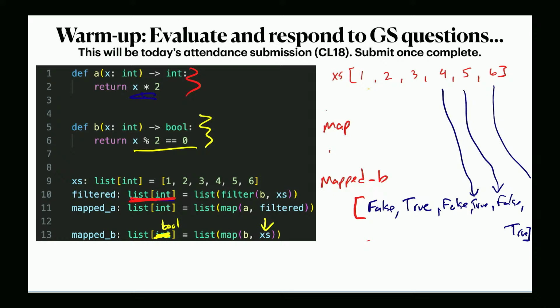So filter is used to, like self-described, filter some list based on some test that you want to perform and separate out only the things that return true based on that test. And map is used to call some function and keep track of its results for each item in the input. Other questions on filter or map?